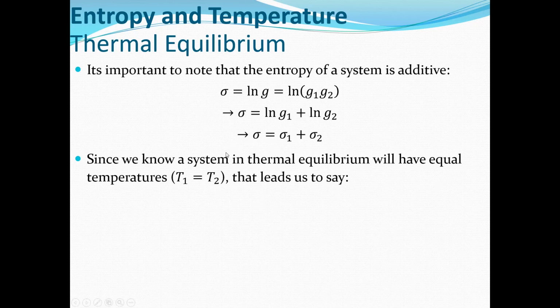Another thing that we know is that when the system reaches thermal equilibrium, as the namesake implies, their temperatures are going to be the same. So what we're going to have is this equation.